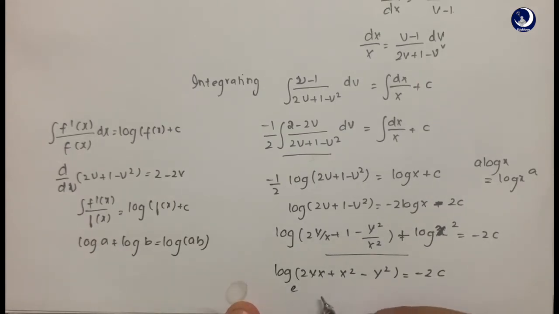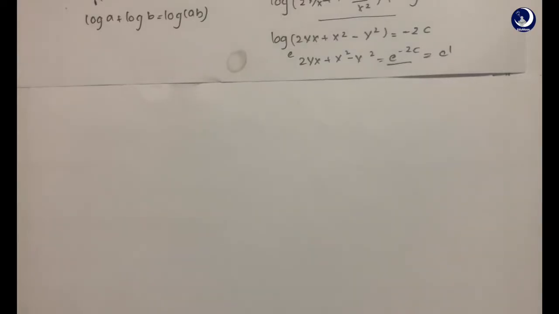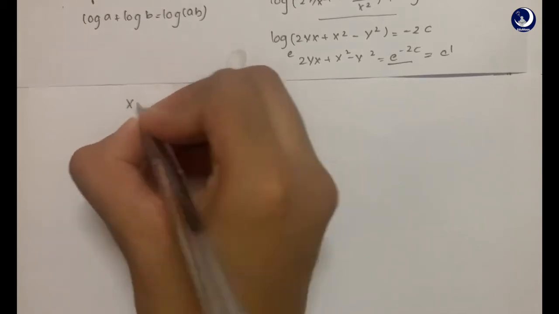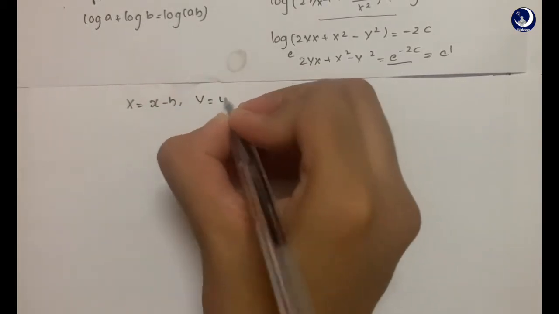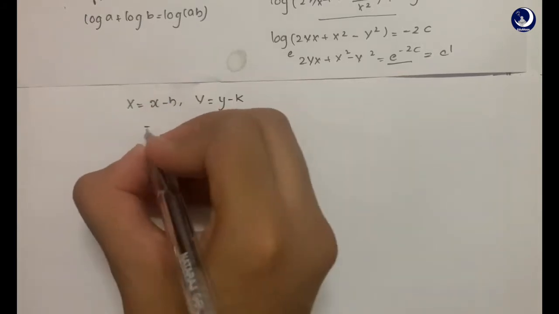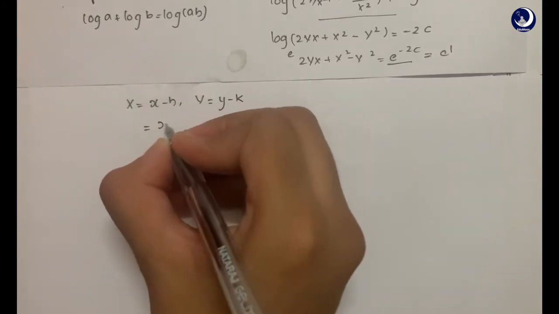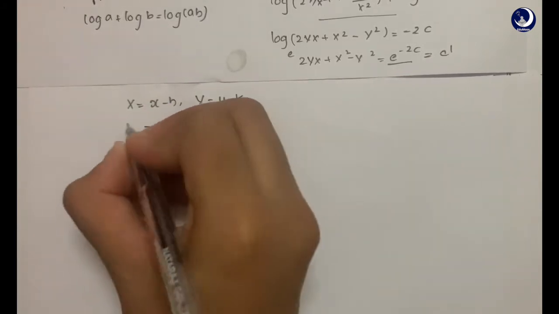Now sending this log to this side, we get, let's take this constant as c dash. Here x equal to, let's substitute h and k values.